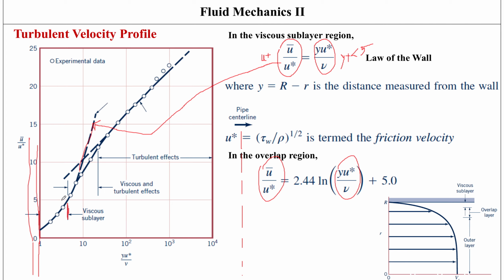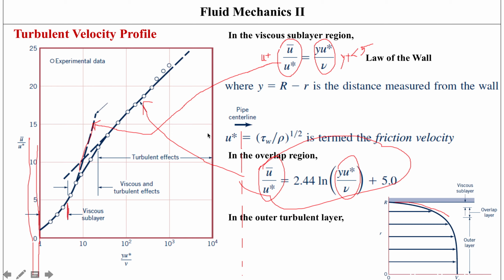So this equation is only valid for the viscous sublayer, and then this equation is valid over here for the overlap region. Now the same thing is being represented here by this expression. And then if we move on, we can also find the outer layer expression, and that is given by this equation.